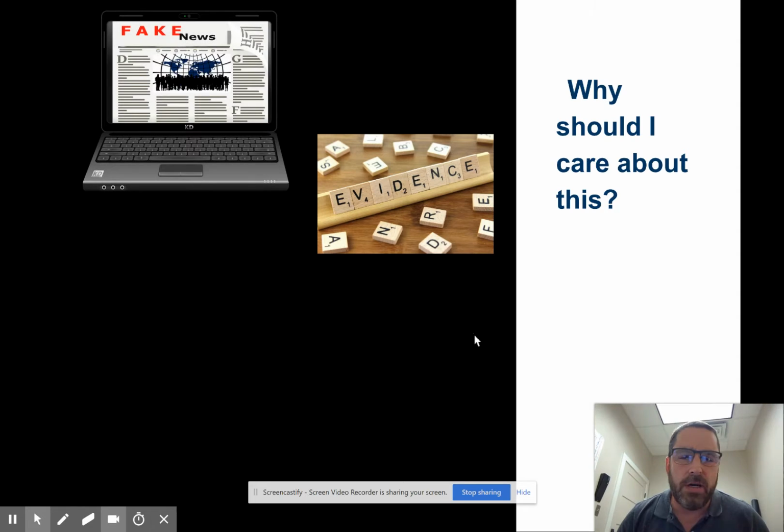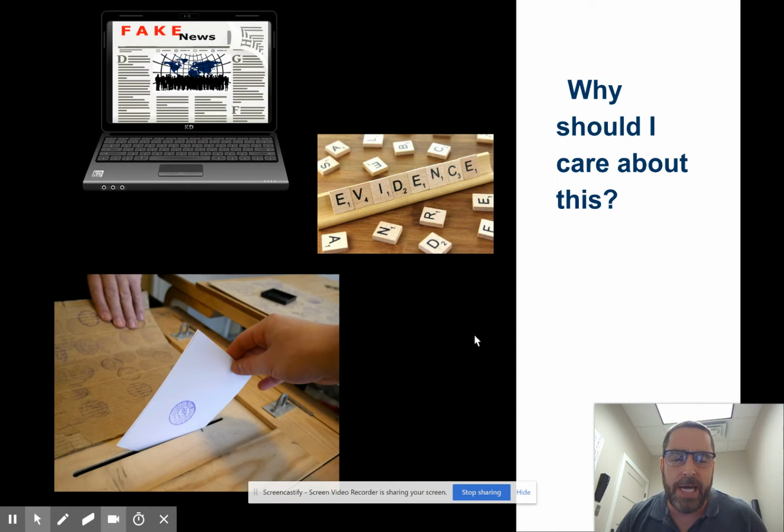The next thing, we've heard a lot about this. Sometimes it's used correctly in the news, sometimes it's not. But there is an issue with fake news out there. People post stories that they know are untrue in order to discredit people. This is a major issue, not only in our country, but in the whole world. We saw the impacts of it in our last big election, our presidential election.